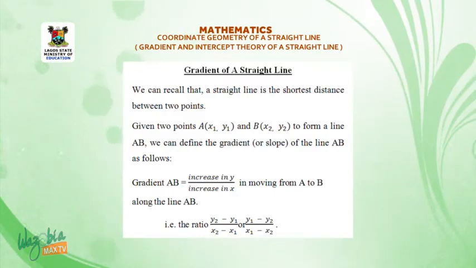Gradient AB is equal to increase in y all over increase in x in moving from A to B along the line AB. That is the ratio (y2 - y1) over (x2 - x1), or (y1 - y2) over (x1 - x2).